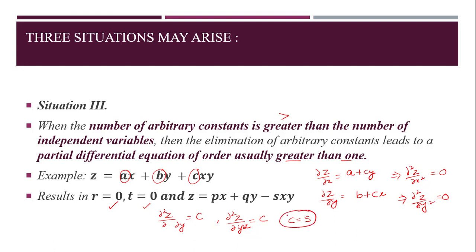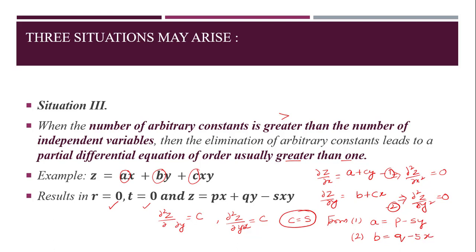Now when c is obtained as s, let me number the first equation as 1 and this one as 2. From the first, I can say a is nothing but p minus cy, and c is s, so a is p minus sy. From 2 we are getting b: b is equal to del z by del y, that is q minus c, that is s into x.